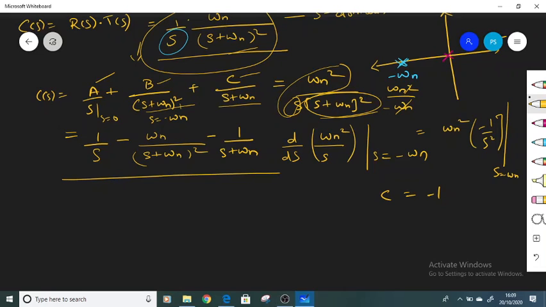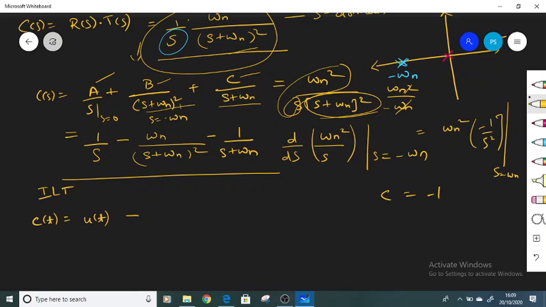Now this function is in a form where we can take the inverse Laplace transform of it. If we take the inverse Laplace transform, the value of c(t) can be derived as 1 divided by s is u(t), minus omega n divided by (s plus omega n) the whole square.